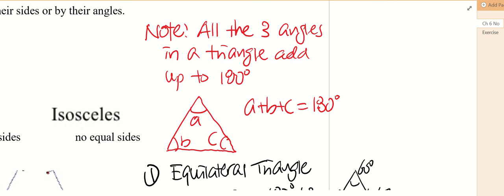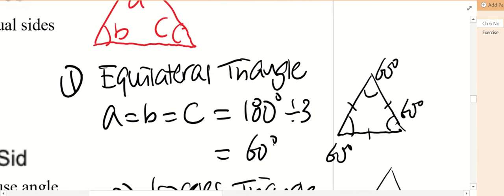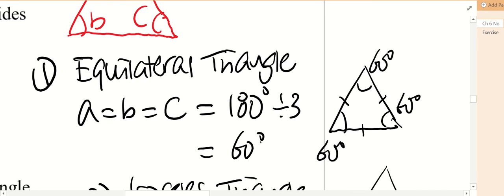This is very important. Let's look especially at two cases here. First, the equilateral triangle. Remember we said equilateral triangles have all three sides the same, which I noted down using the red lines here. The rule of thumb is that if two sides are the same, the angles that these two sides touch are the same.